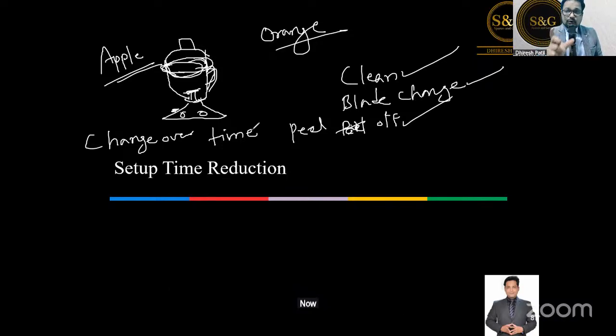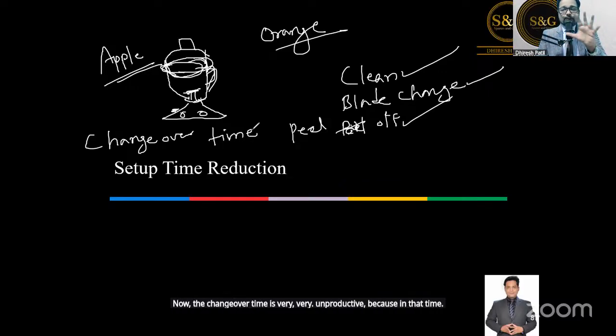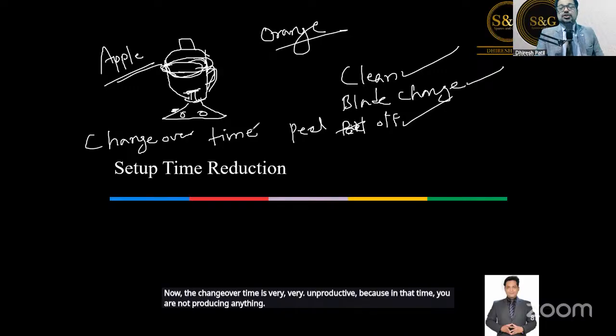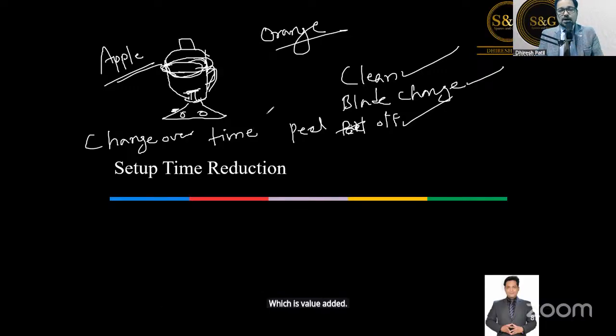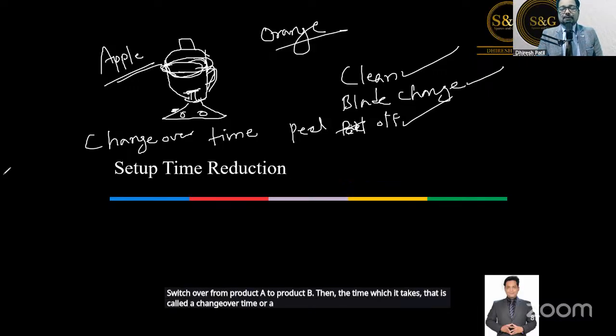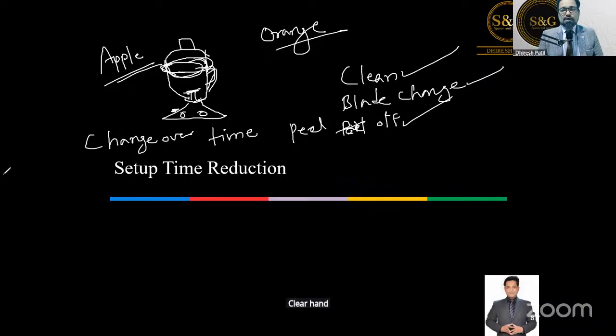Now that changeover time is very, very unproductive because in that time, you are not producing anything which is value added. Are you clear what I'm talking about? So whenever you want to switch over from product A to product B, the time it takes is called a changeover time or a setup time. Are you clear? Just give me yes in the chat box.